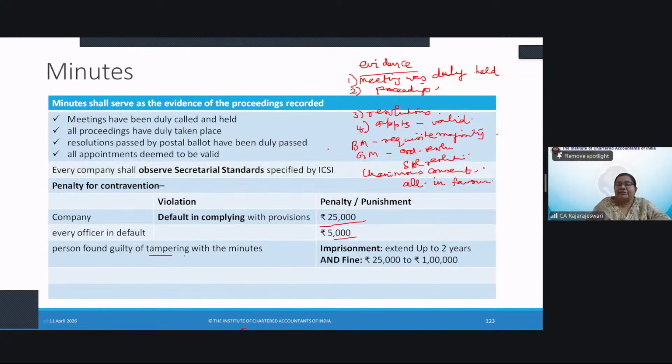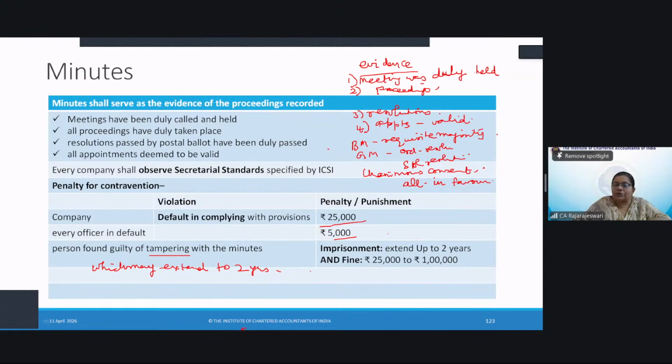And tampering with the minutes. You are not supposed to alter the minutes. If a person is found guilty of tampering with the minutes, then he is liable to imprisonment which may extend to 2 years. So when you see the words in the Act, which may extend to 2 years, you should not write the answer as he is liable for 2 years imprisonment.